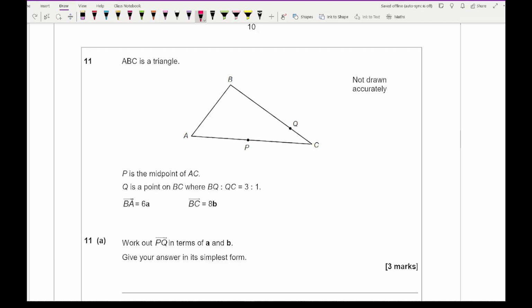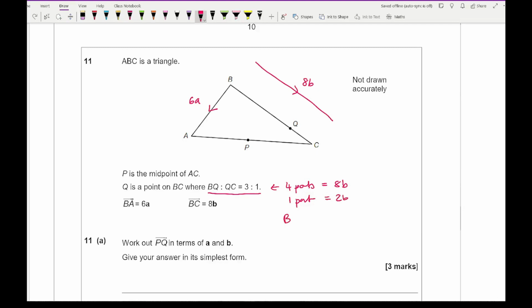So we know that B to A is 6A, so we can label that as 6A. And we know that B to C is 8B. Now looking at this ratio, we know that 4 parts equals 8B. So 1 part is going to equal 2B.